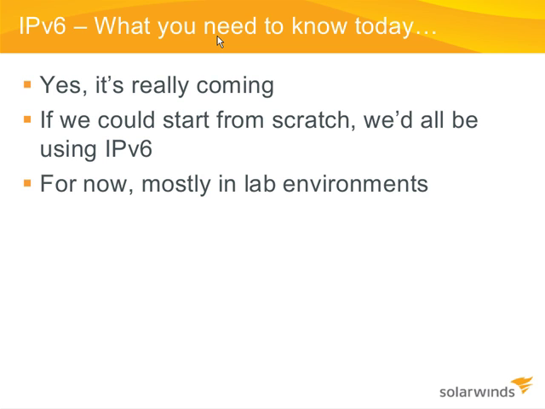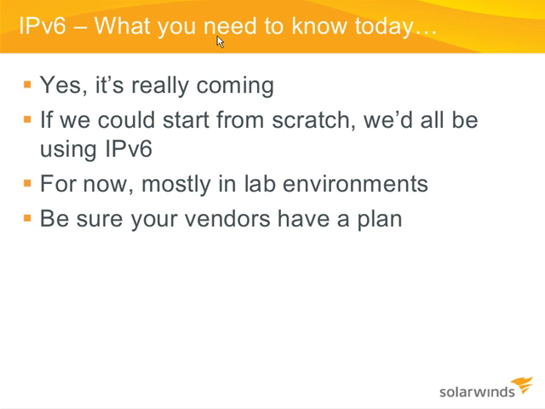I've not talked to a single enterprise or federal customer yet who's actually running IPv6 in a production role, although they are rolling it out in labs and playing with it. And of course, this might surprise you, but a lot of organizations are using IPv6 and don't even know it because it's on by default in most of the newer OSs. Correct. But they may not be routing it.